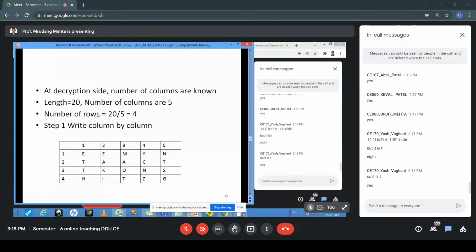Is that clear? So first we write column by column for decryption.